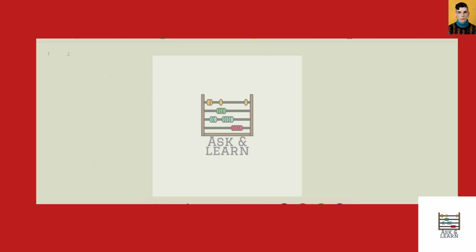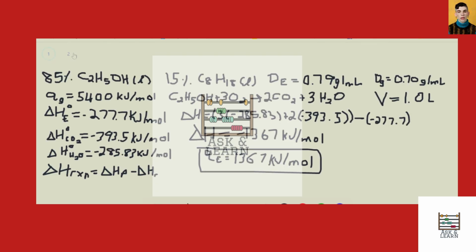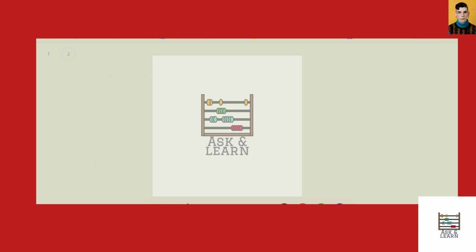Now, by assuming this, we can figure out how much energy you're producing from each one. So we know that we're doing 1 liter for each. Now, we know the density that we have, 0.79 for ethanol and 0.70 for gasoline. So first, 1 liter is equal to 1,000 milliliters.